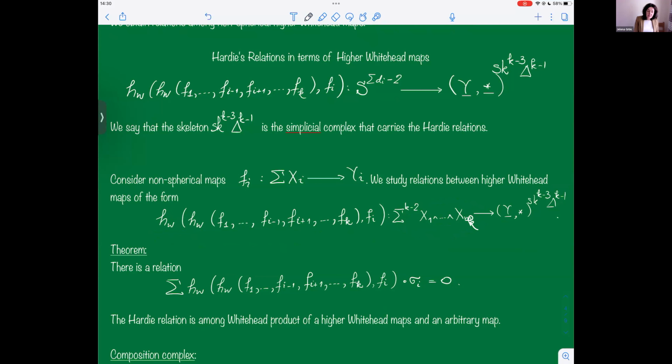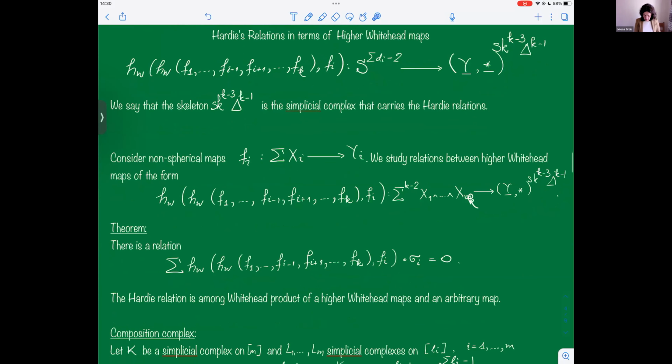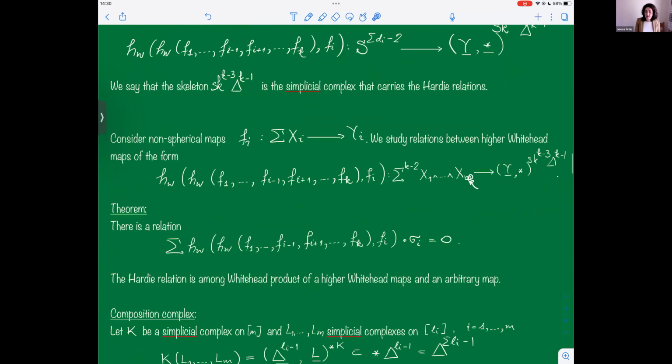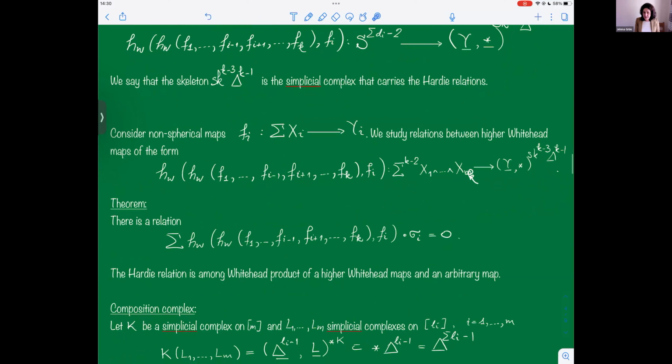Again, using the combinatorics of that skeleton, we find a relation between these high Whitehead maps, and it is more or less the same as the Hardie identity.